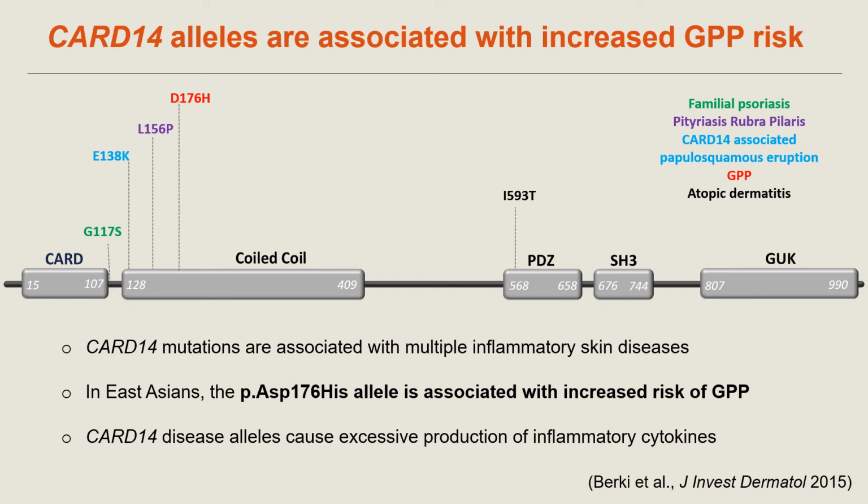And we found that among East Asian populations, this particular allele, D176H, increases the risk of GPP. And interestingly, this allele maps in quite close proximity to other mutations that have been associated with other skin diseases.